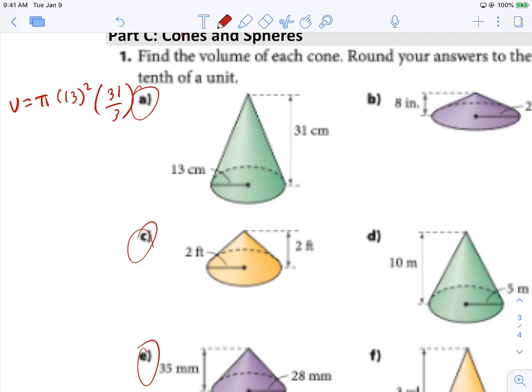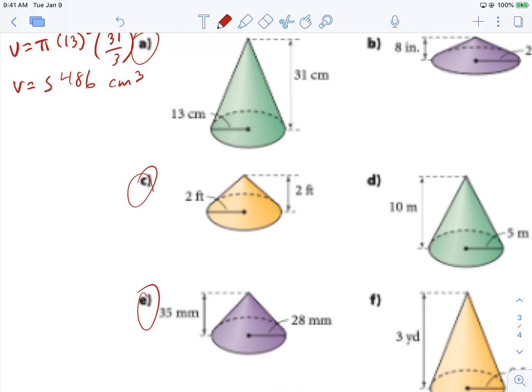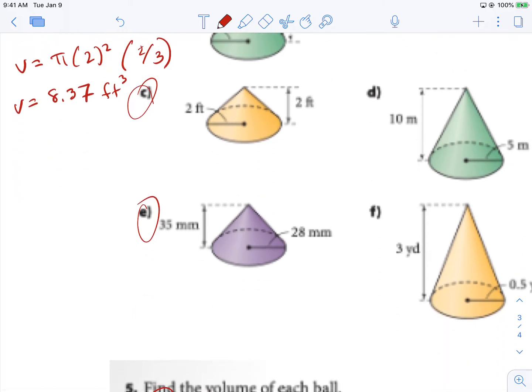So we'll open up our calculator, 13 squared times 31 over 3 times pi, and we get 5,486 centimeters cubed. Okay, next one we get pi times r squared, so 2 squared times our height, which is 2 over 3. So we'll have 4 times 2 over 3 times pi, and we get a volume of 8.37 feet cubed for this one.